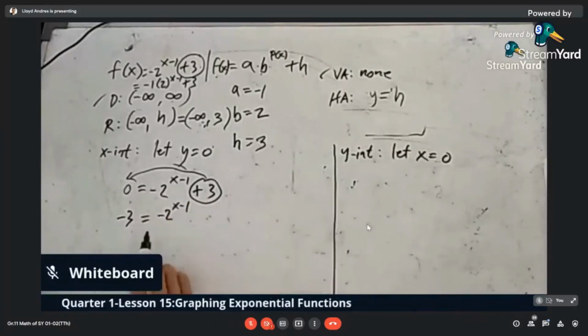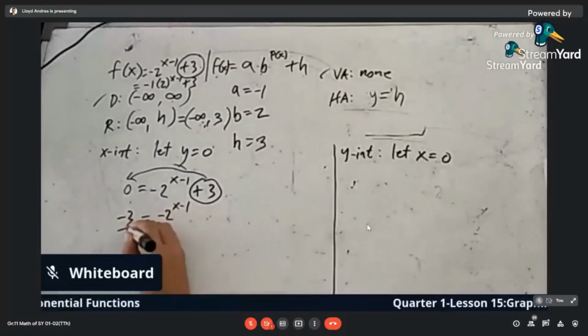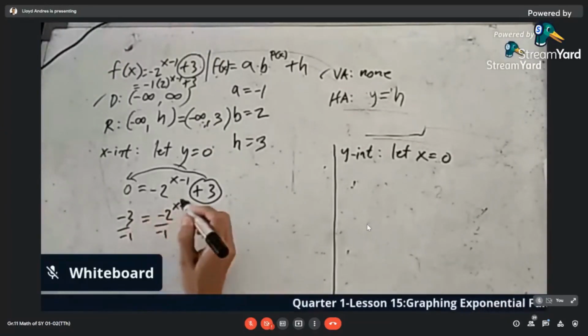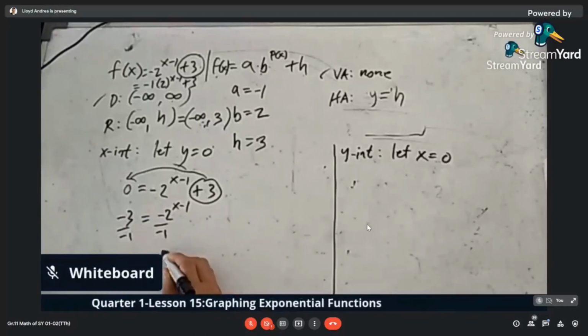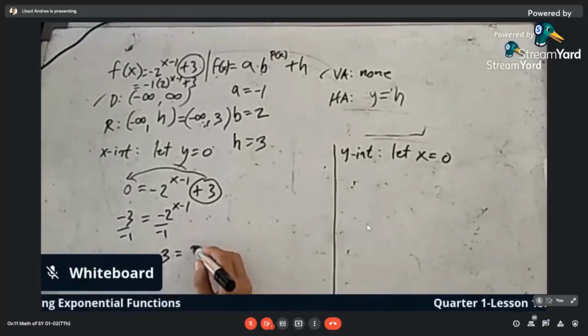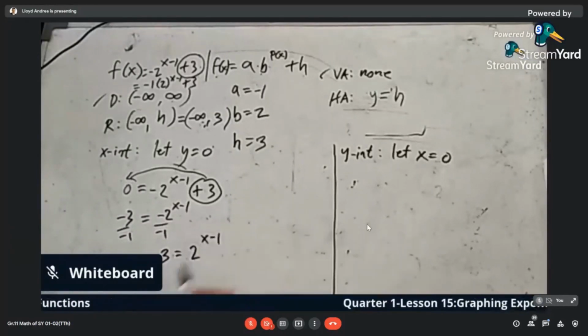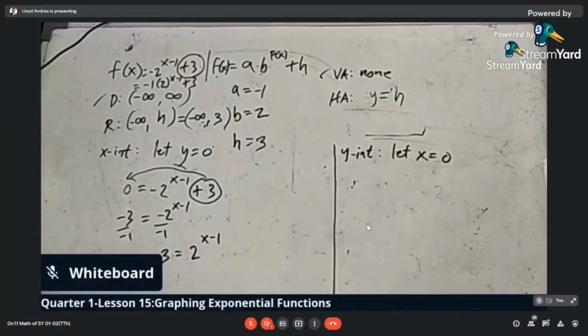Next, pareha sila negative. So, divide both sides taog negative 1. Okay, para ma-positive, 3 na diha equals positive na si 2x minus 1.